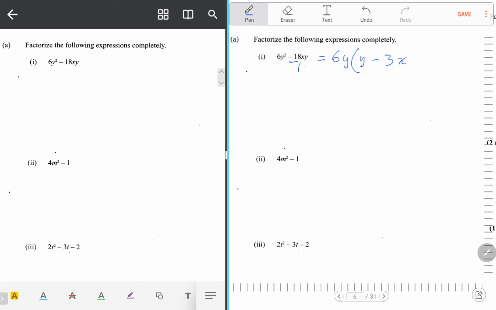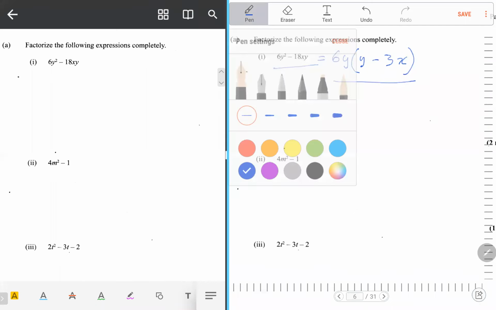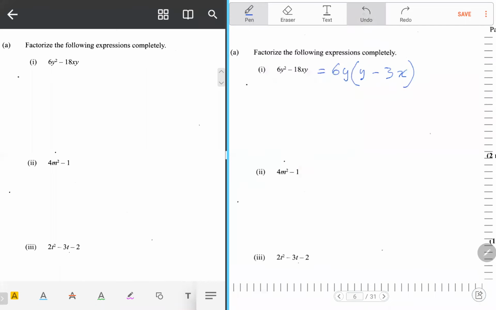And I divide out the y already out here, and basically that is the result. So that is the result right there, step by step. And what you can do sometimes is just expand this back and see if you get this. Just do a quick expansion of this side and see if you get what you factorized. It's a good practice to do. But that is the correct answer.